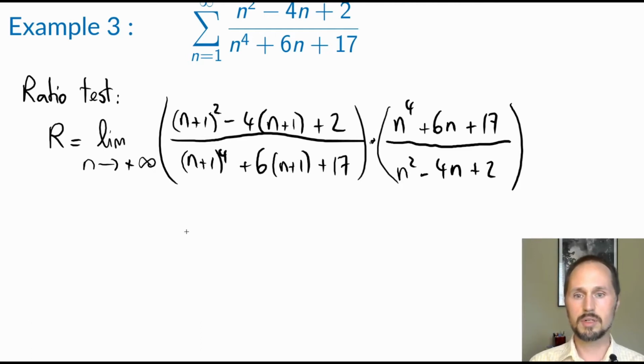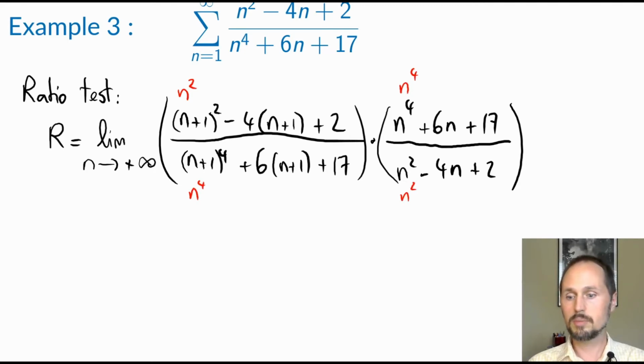Okay, this looks abysmal, but as you presumably know, when we're taking a ratio of rational functions, all that matters is the dominant term on the top and the dominant term on the bottom. Right, so here we have a product. The dominant term here is going to be an n squared. The dominant term here is n to the fourth. Here we're getting an n to the fourth, and here we're getting an n squared.